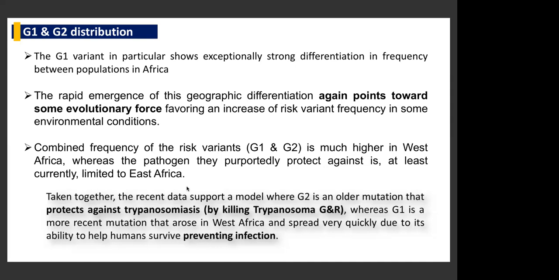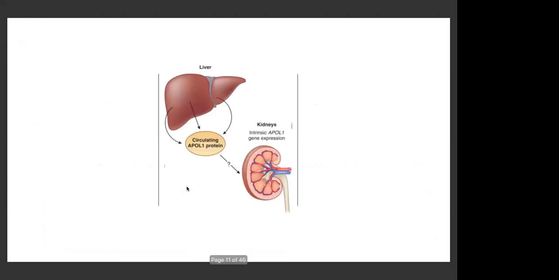So the scientists are predicting that it might be because of evolution or environmental selection occurring in that region. If we talk about APOL1 in the circulation, it will kill the trypanosoma when it enters the circulation. The liver is the predominant source of secretion of APOL1, and the second is the kidney.